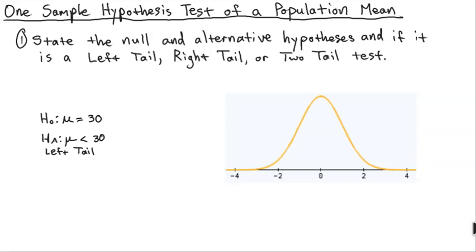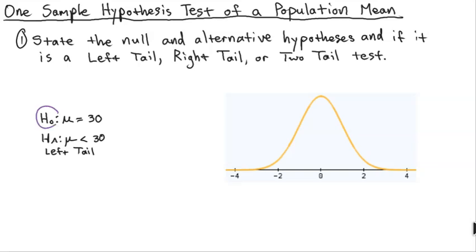Let's say that what the company thinks is the alternative hypothesis. They think that the mean time that a headache goes away is less than 30 minutes. That's the alternative hypothesis. But the null hypothesis is that the mean amount of time that the headache goes away is equal to 30. It's no different than all the other medicines, and that's why we use the equal.